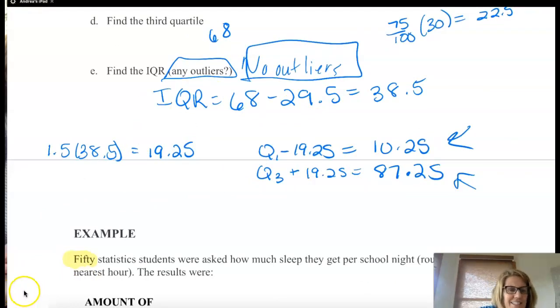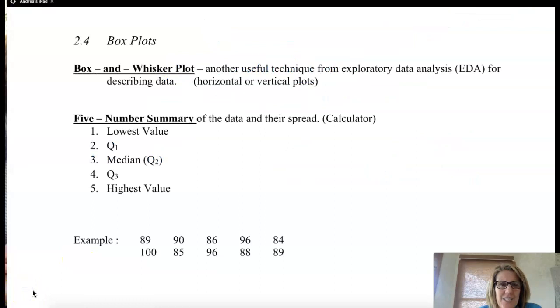All right. Okay, now in this section, we're also dealing with measures of location, but we draw another technique from exploratory data analysis, which is similar to the stem and leaf display, or stem plot. And this is called the box and whisker plot. And we can either draw it horizontally or vertically. We're going to draw it horizontally here. But we are going to use our calculator to help us here.